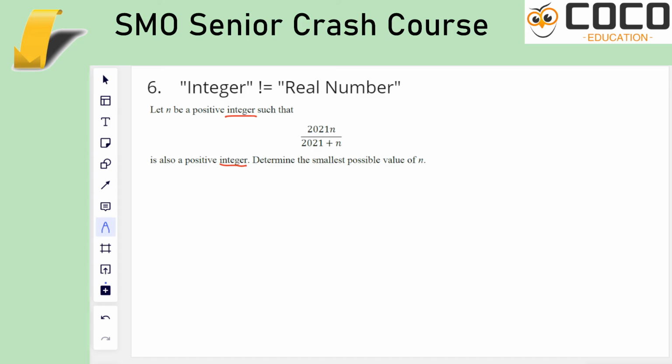Don't guess, okay, is n equal to 1? No, that doesn't work. Is n equal to 2? No, don't do that. What you should do is just good old-fashioned long division. And this is quite possibly the shortest long division you've ever seen in your life. It is 2021. That's the end of your long division.